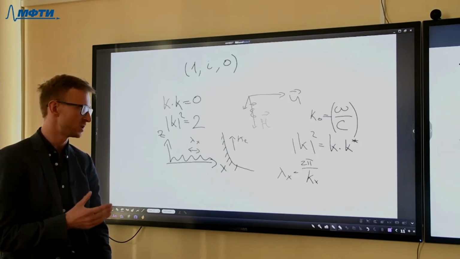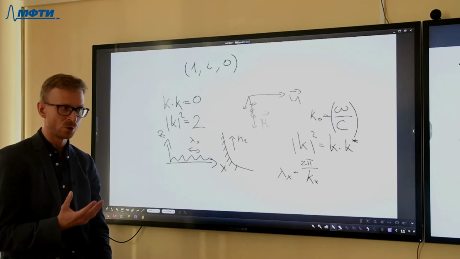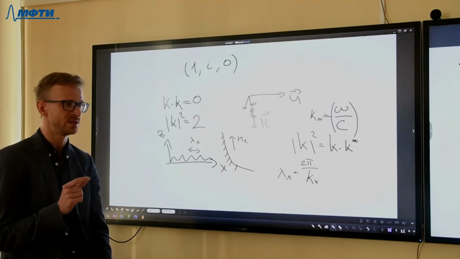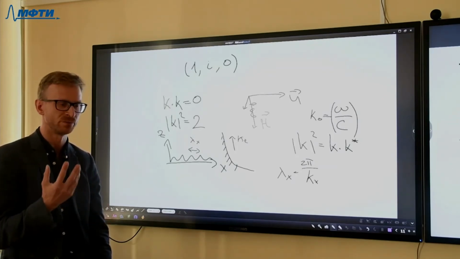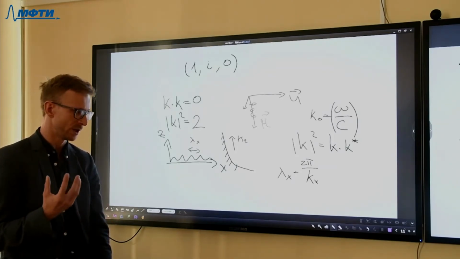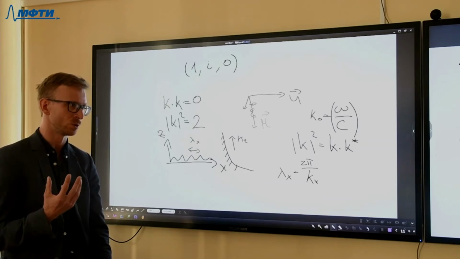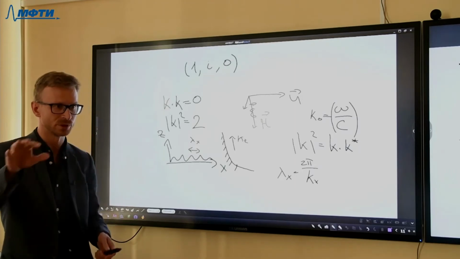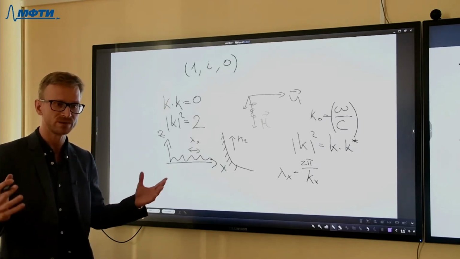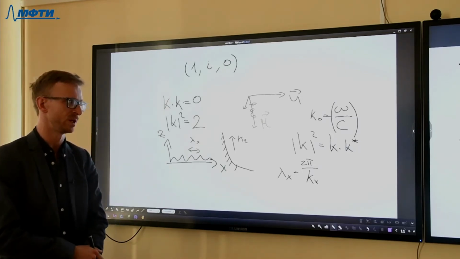And waves with such short wavelength allow people to see tiny details of the structures and information about small details of the structure that couldn't be inferred using ordinary propagating waves, whose wavelength is limited by the wave number in free space.